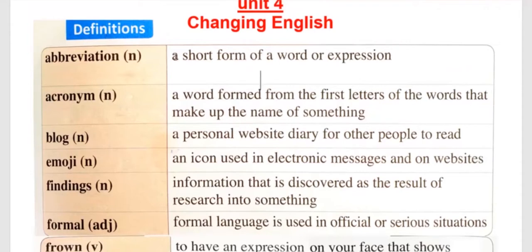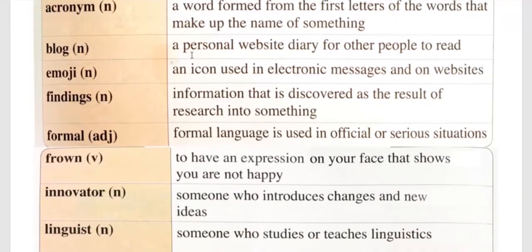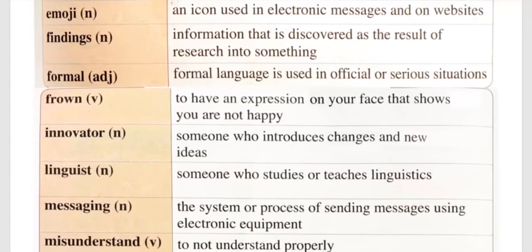Abbreviation, for example, e.g. or etc. Blog, a personal website diary for other people to read. Emoji, an icon used in electronic messages and on websites. Findings, information that is discovered as the result of research into something.